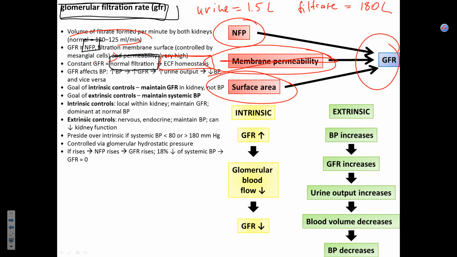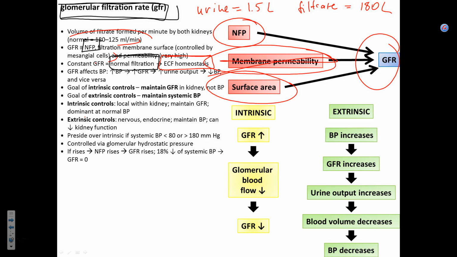When filtration through the kidneys decreases, how does it affect GFR? It also goes down. Okay? Now, technically you can say, okay, but the kidney response will be to increase GFR, to increase the filtration rate, which will negatively affect blood pressure. So it kind of comes to a confusing situation.